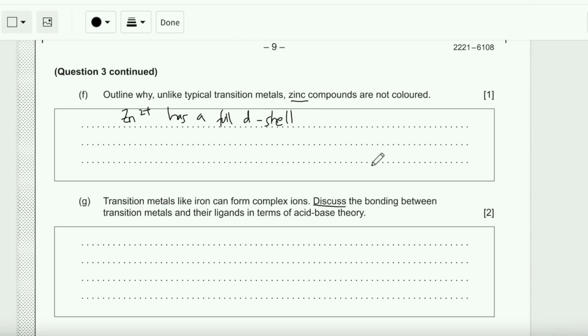Discuss the bonding between transition metals and their ligands in terms of acid-base theory. You need to talk based on the acid-base theory.